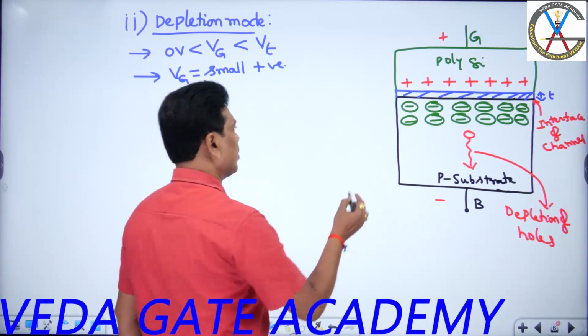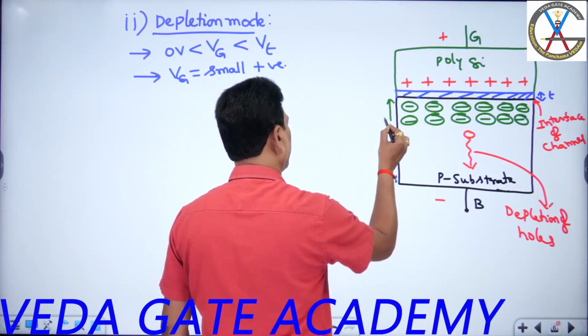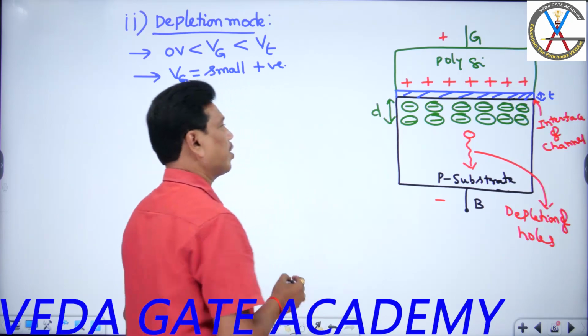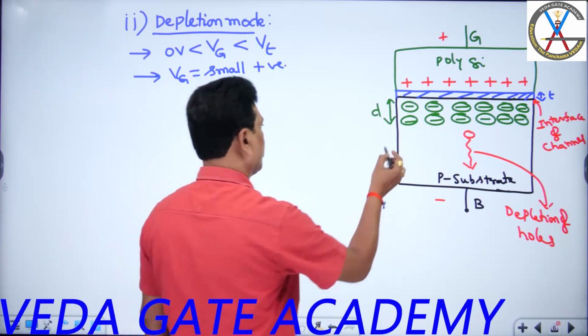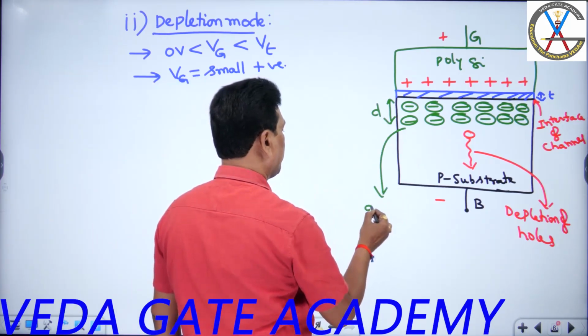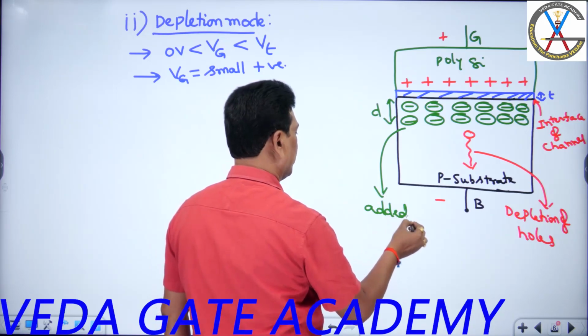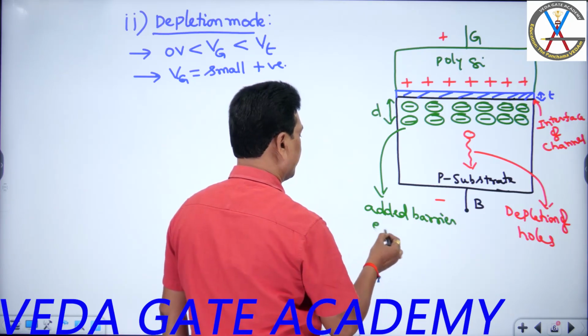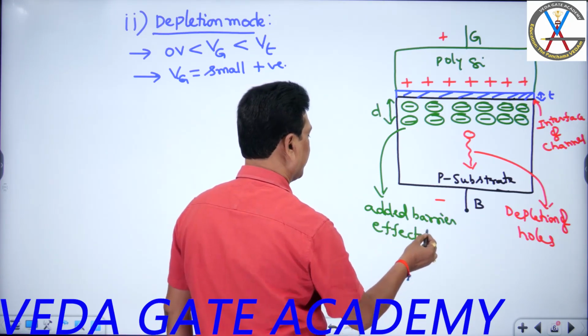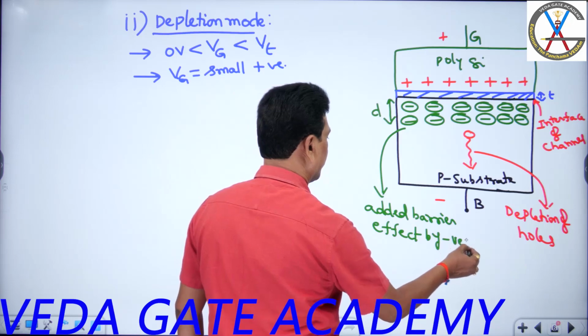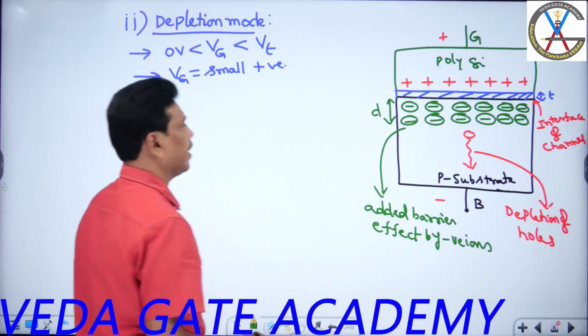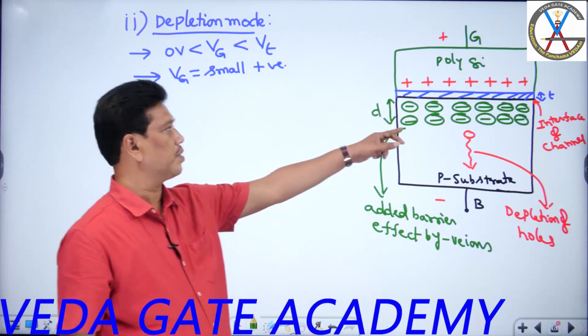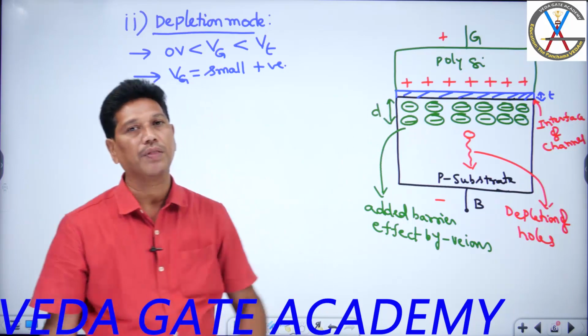Okay, I assume that the width of this barrier is D. That barrier effect width equals D. So what is this one, sir? This is the added barrier effect by negative ions at the interface. So the capacitance is considered by both the oxide region and the barrier in this case.